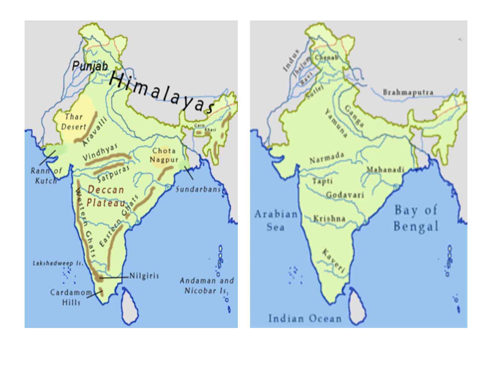These two rivers drain into the Arabian Sea, whereas the Mahanadi, Godavari, Krishna and Kaveri drain into the Bay of Bengal. They all are rain-fed rivers.